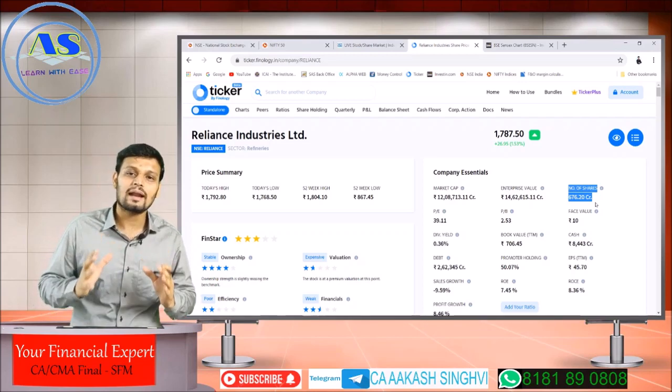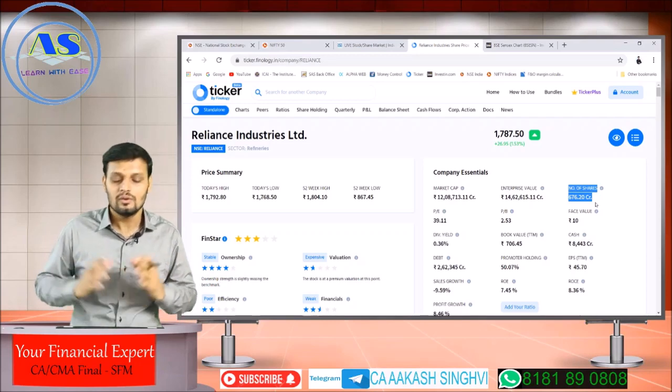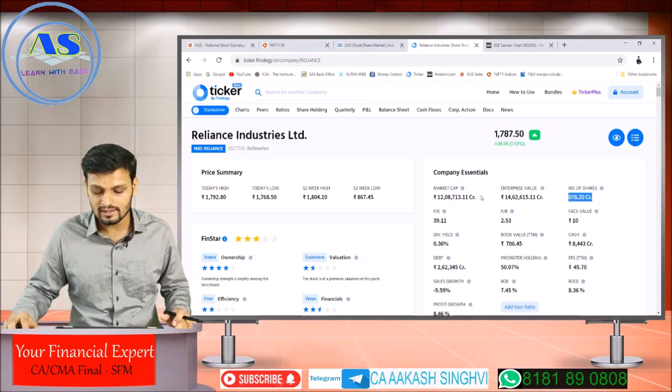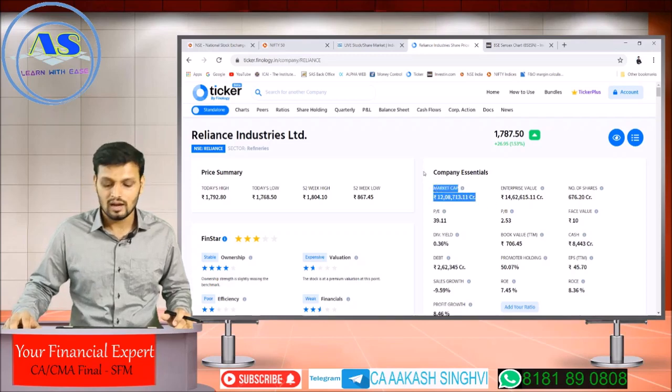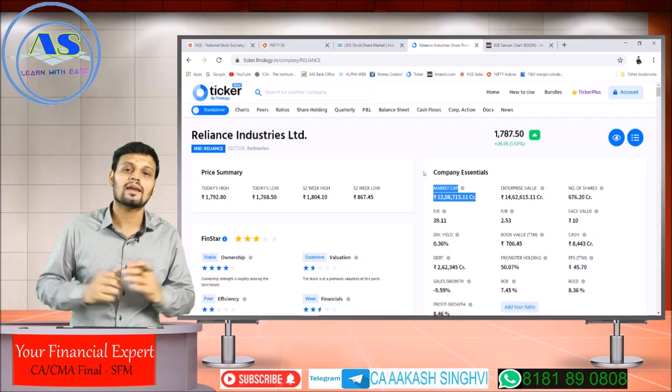Now to get the market cap, the full form of market cap is market capitalization, you just need to multiply the market price per share by the number of shares to get the final figure of market cap.